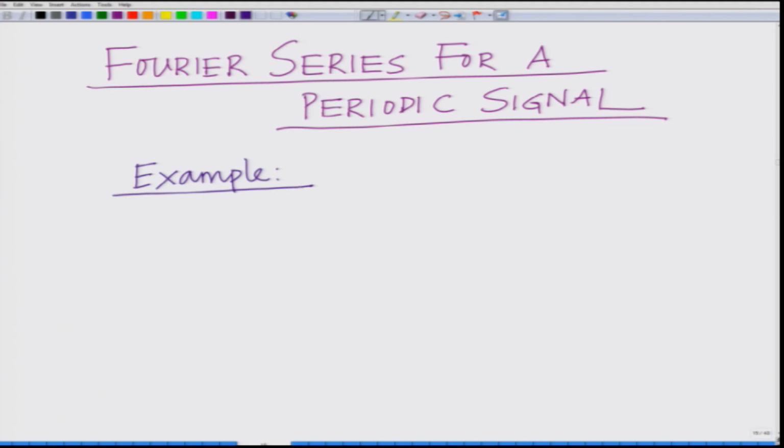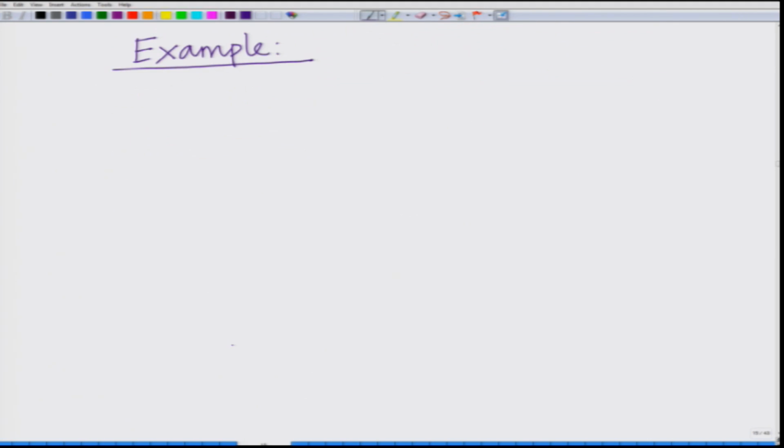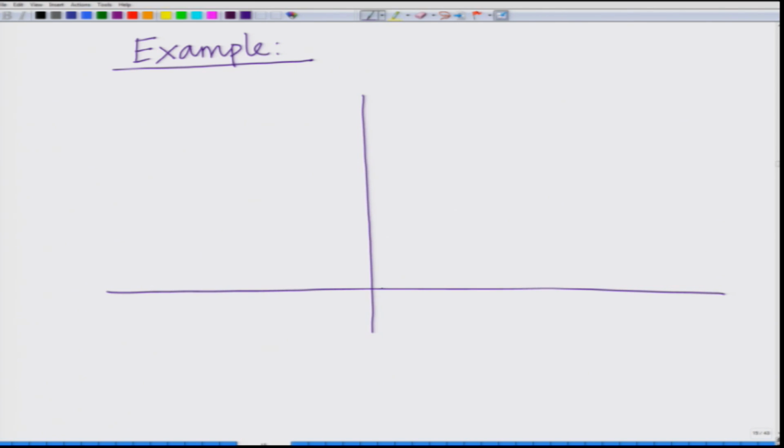Let us look at a simple example of a periodic signal. Consider a periodic stream of pulses.